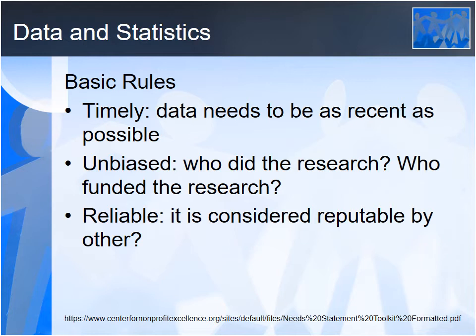And you want to know that not necessarily to report in your needs statement, but you are reporting where you got the research from, and the grant reviewer is going to look at that as well to decide if that is an unbiased source. And which kind of feeds into reliable. Is it considered reputable by others?